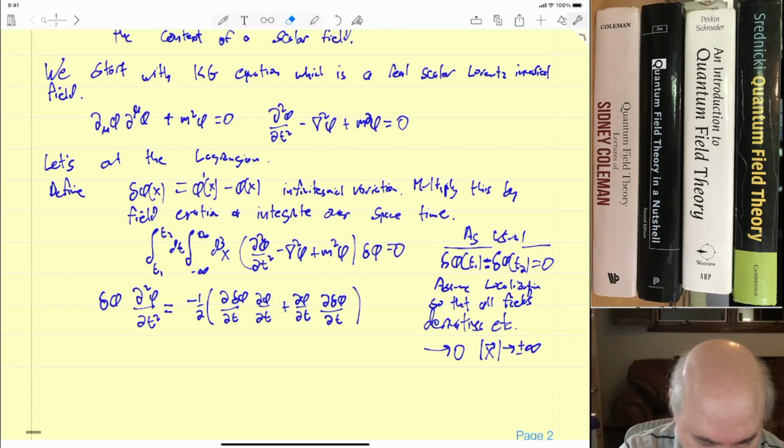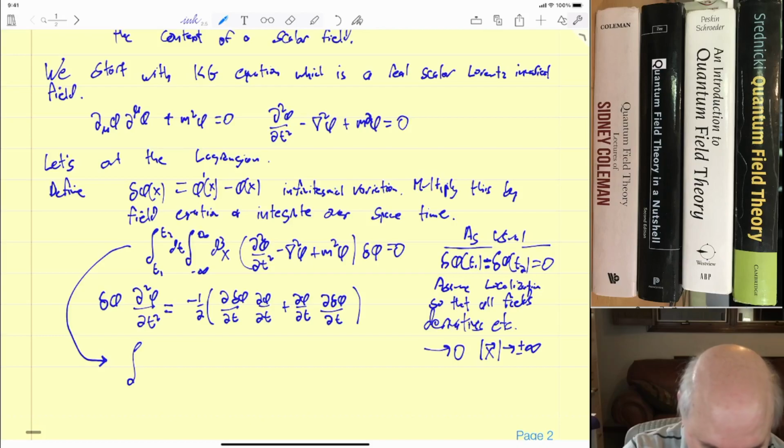Each of these terms is the same. So when we do that, we're going to end up doing everything in reverse from what we usually do. I don't want to work it out anymore.